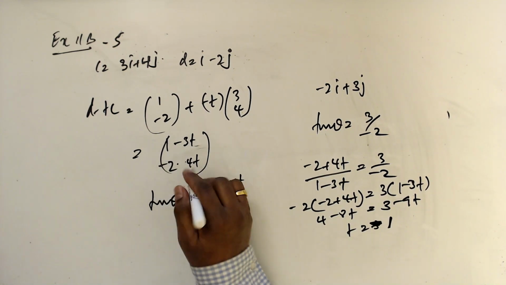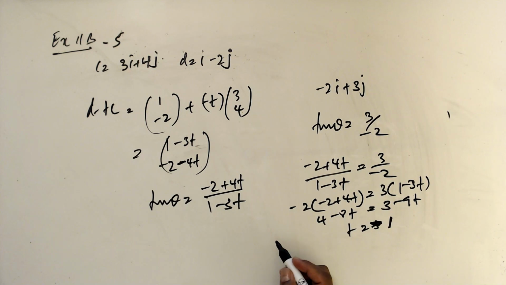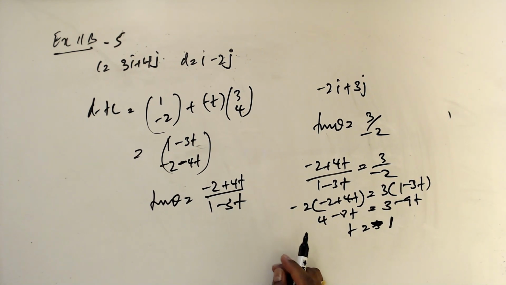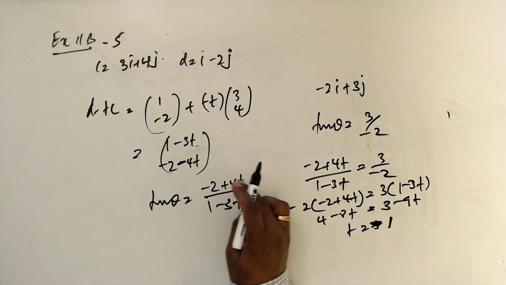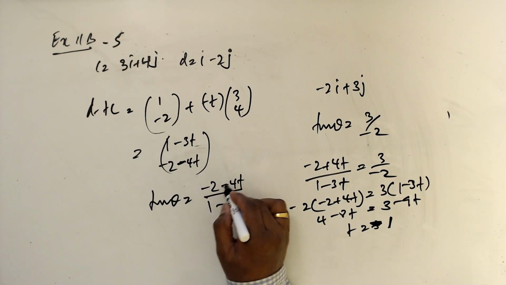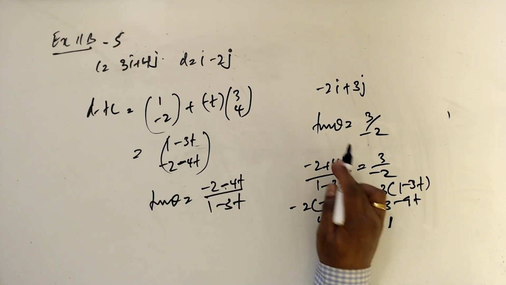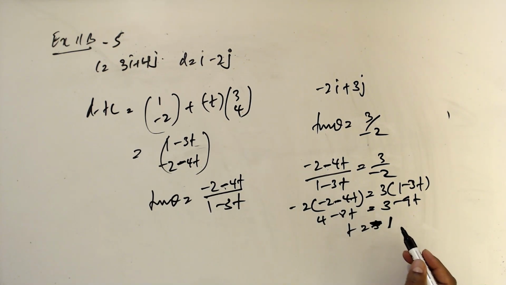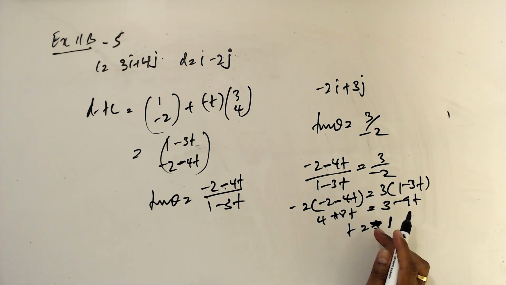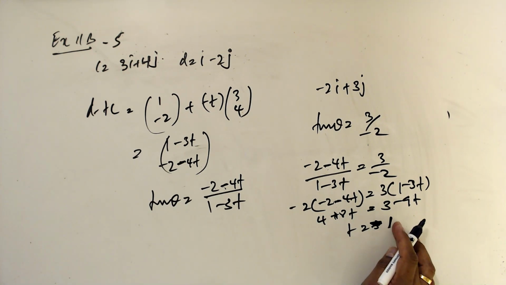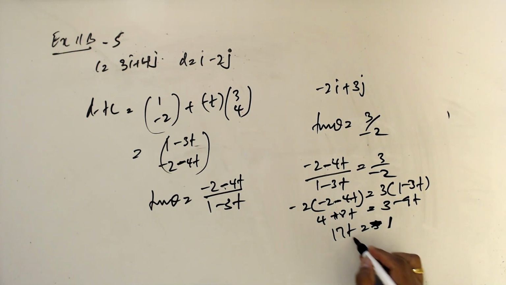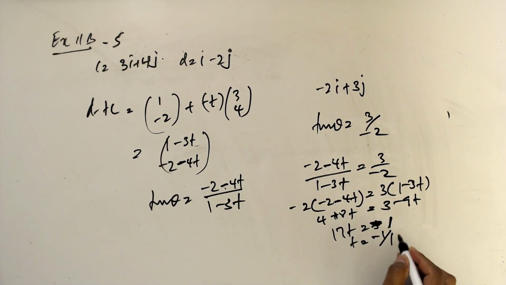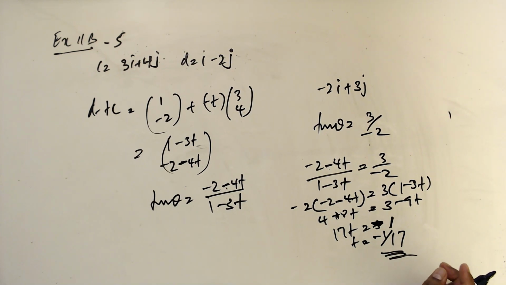Yeah, this is minus, so this is going to be plus. So then it is going to be 17t, and t equals minus 1 divided by 17.